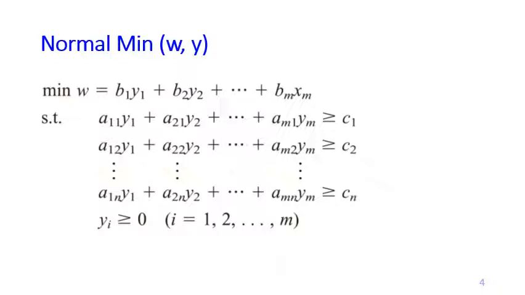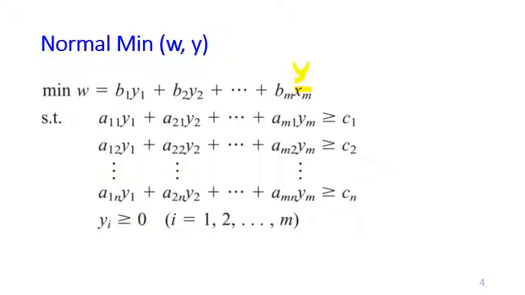Now for minimization, the convention is that we are going to use W to denote the objective function and Y to denote the decision variables. I think there is a typo here in your textbook. This should be Y as well.